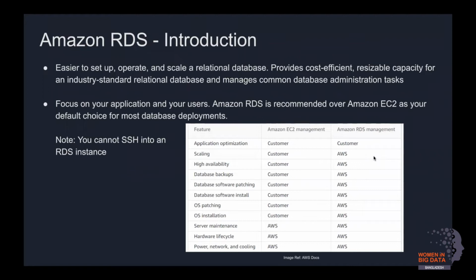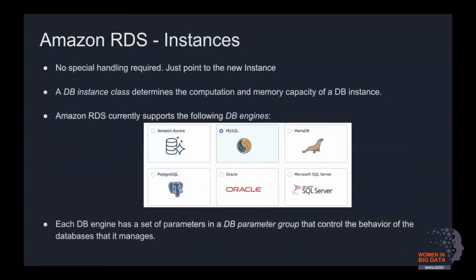Now you'll quickly understand how exactly the different database engines are provided by AWS on top of this framework. Exactly as I mentioned, Amazon provides different kinds of engines. From what we learned in the previous slide, Amazon takes care of everything, and you just have to organize and design your database. That's exactly what you have to do. The different database engine offerings are Amazon Aurora, MySQL, MariaDB, Postgres, Oracle, and SQL Server.